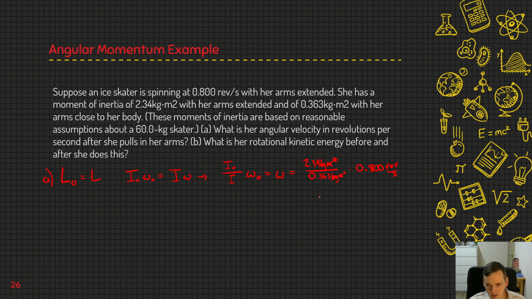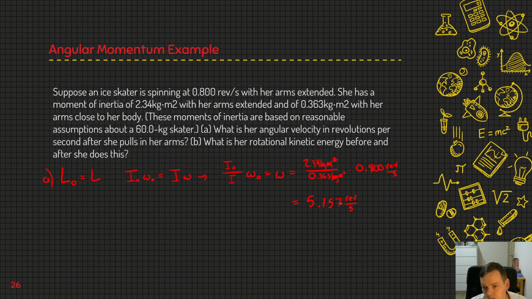So if we work this all out, let me get out my calculator. 2.34 divided by 0.363 times 0.8 is going to equal 5.157 revolutions per second.